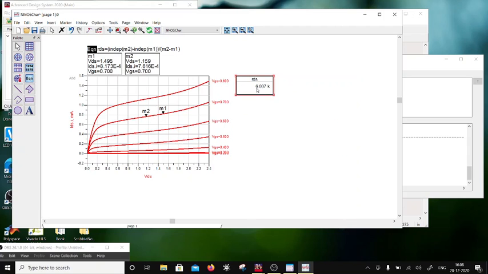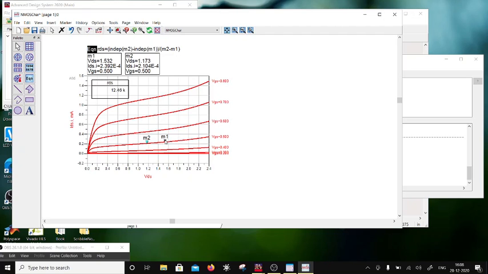Okay, so this is RDS. Now if I move to a lower curve for the same drain to source voltage, it has increased to 8 kilo ohm.